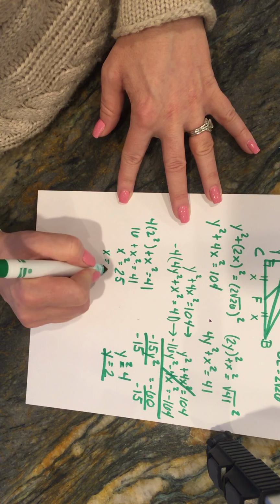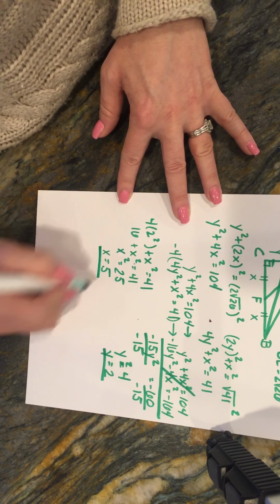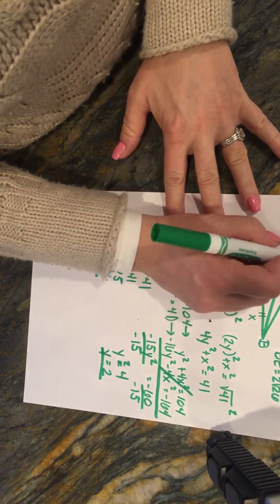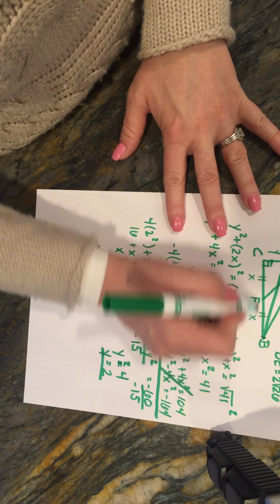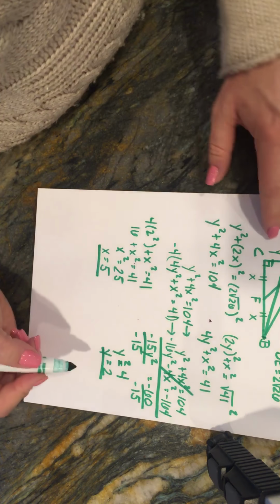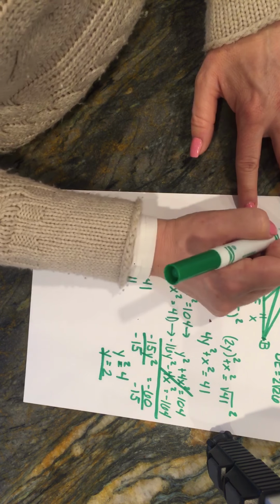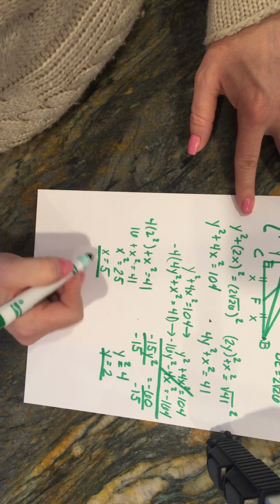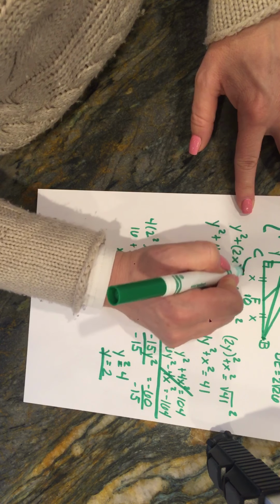That's convenient, so x is 5. All right, so the question is actually asking us to find AB, but now we can say we know these sides here. So 2y will make this side 4, and this side here is 2x, so this side is 10.